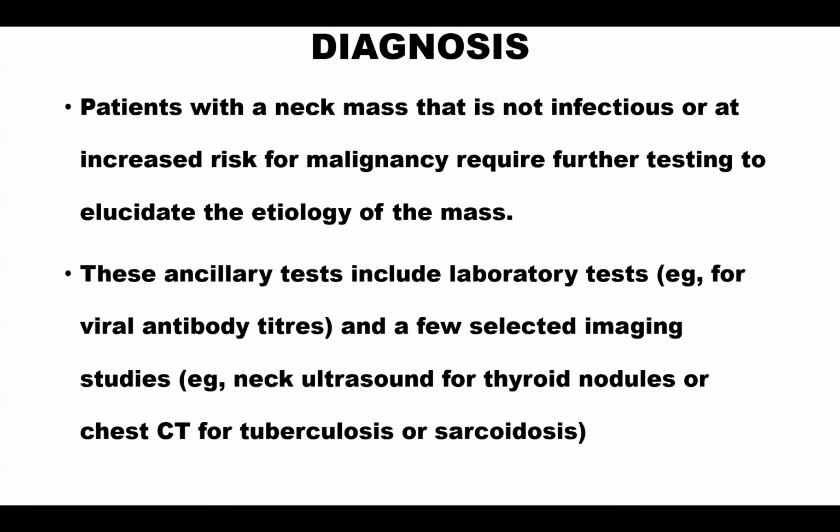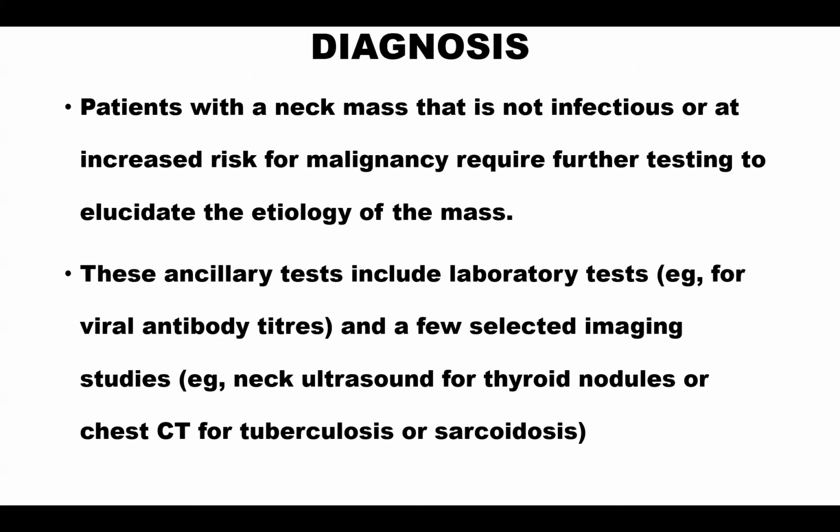Now, in terms of diagnosis, patients with a neck mass that is not infectious have an increased risk for malignancy, and such a patient requires further testing to elucidate the etiology of the mass. These ancillary tests may include laboratory tests. For instance, you want to do blood studies, a few selected imaging studies, neck ultrasound. You want to do CT scan with contrast of the mass.